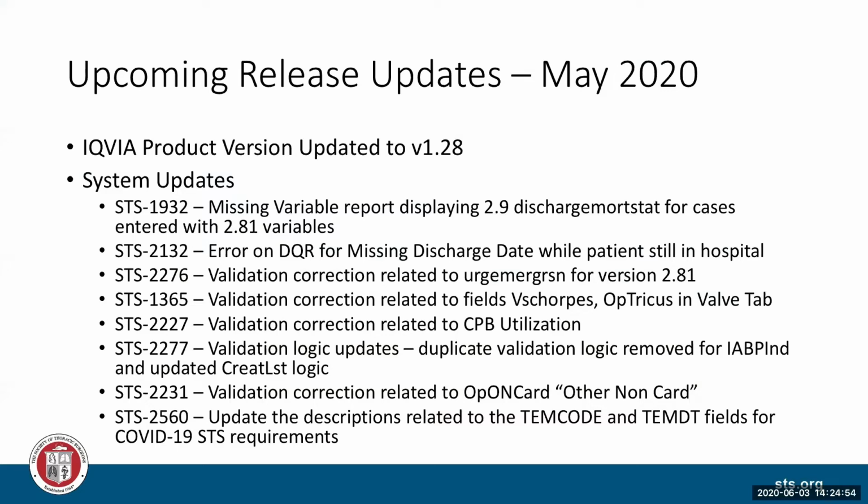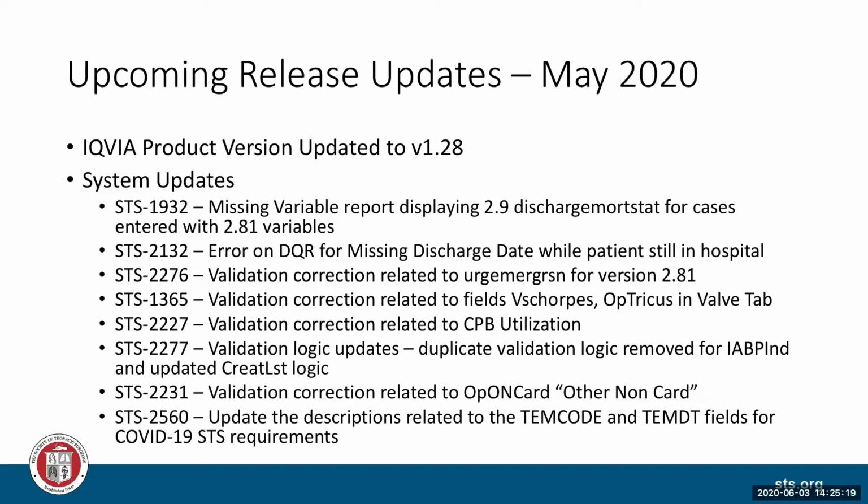So that platform update, you will not see any visual changes with that, but those are updates that were done over the weekend. In regard to specific adult cardiac updates and fixes, I do have those listed here. There were updates related to the missing variable report where we had specific items.